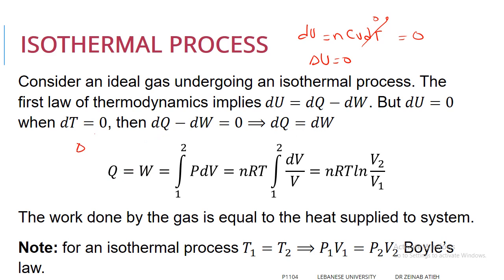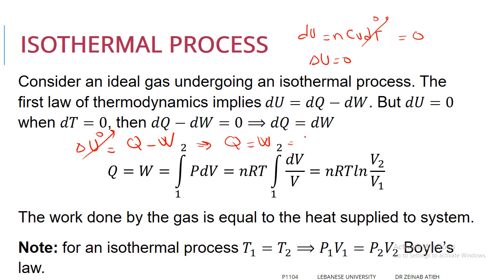Or we can say that delta U equals Q minus W, and delta U will be equal to 0 because the temperature is constant in an isothermal process, so we will get Q equals W. The heat is equal to the work done by the gas.